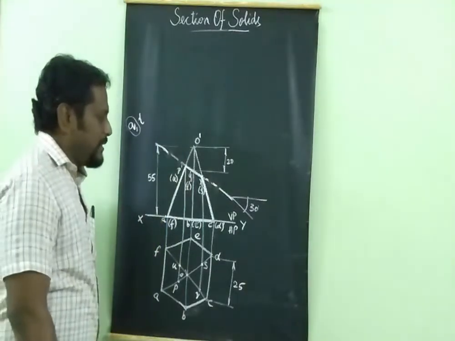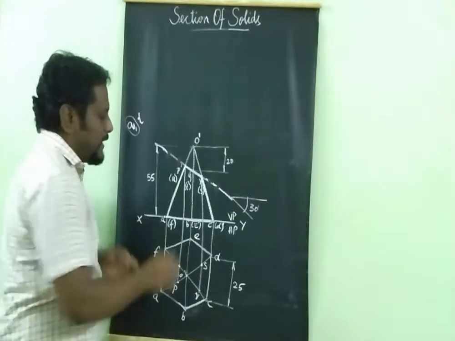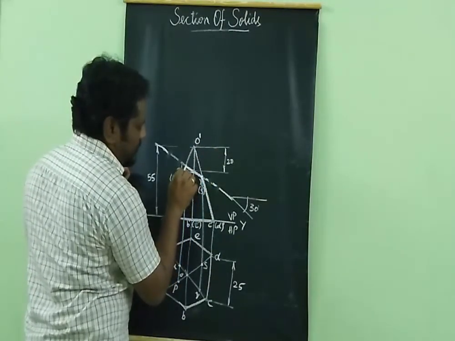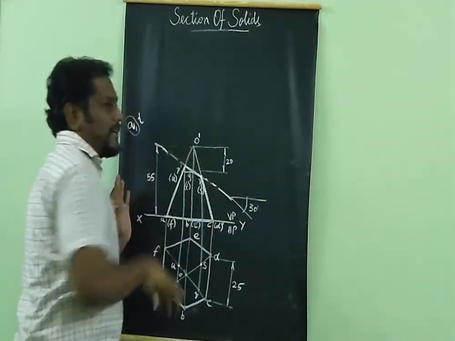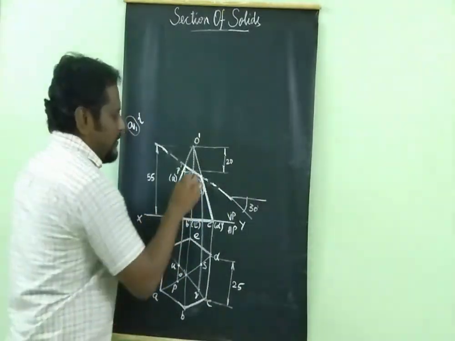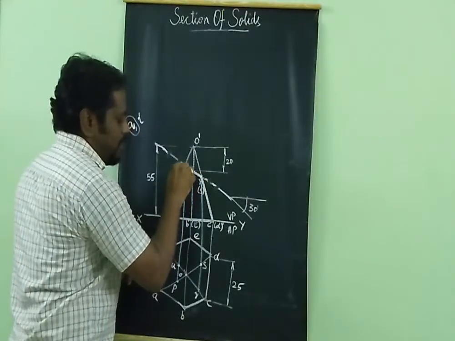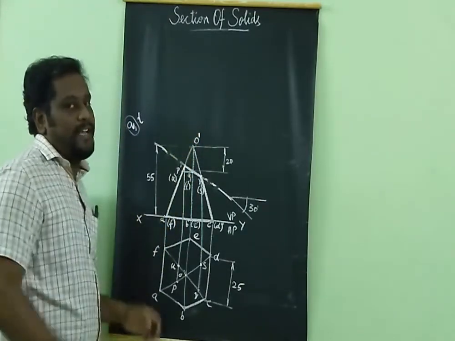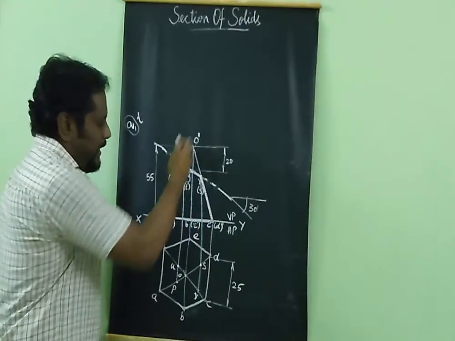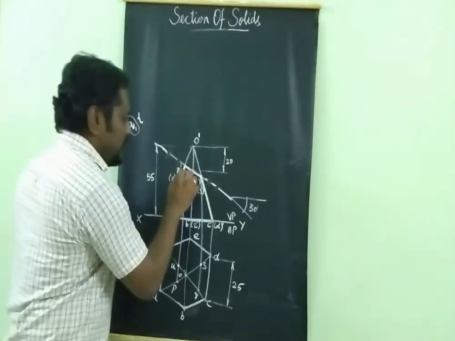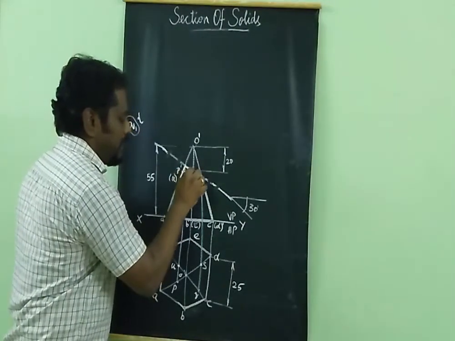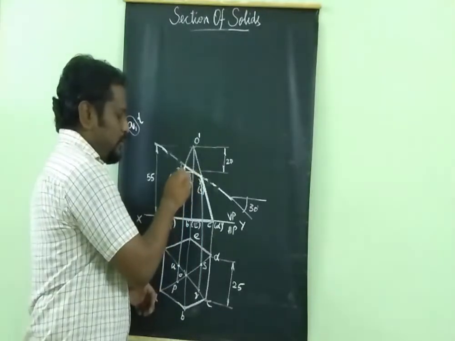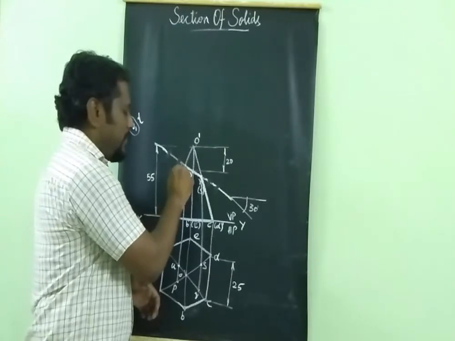To transfer the point Q, I have to transfer the point Q first horizontally towards left side or right side. So any side is okay. So I am transferring this point towards left hand side and up to cut the last line of the solid. The last line is OA and OF. You have to make the horizontal line from point Q to the last edge and mark this point.